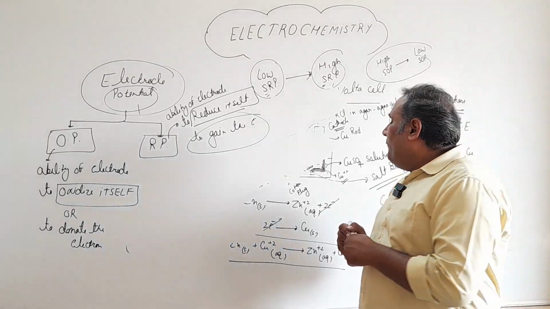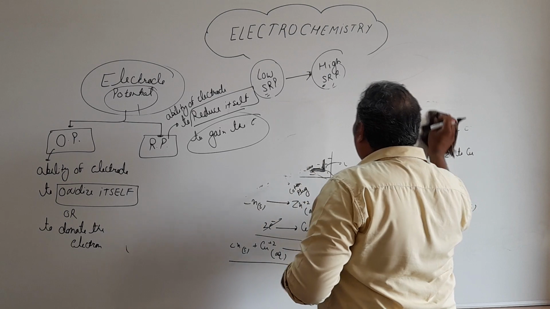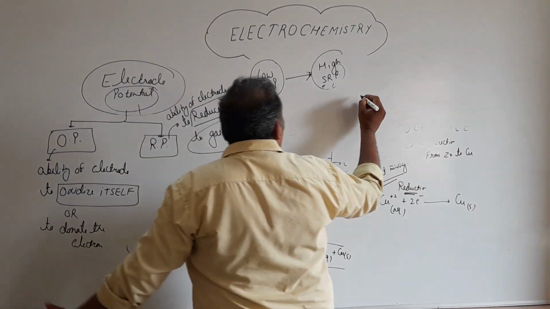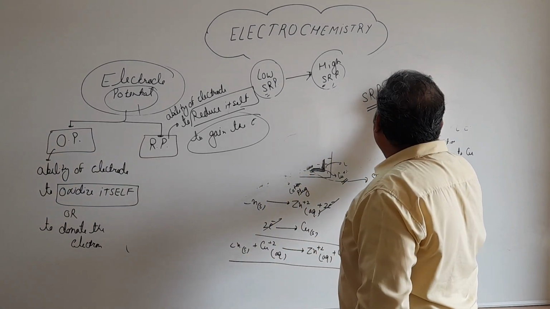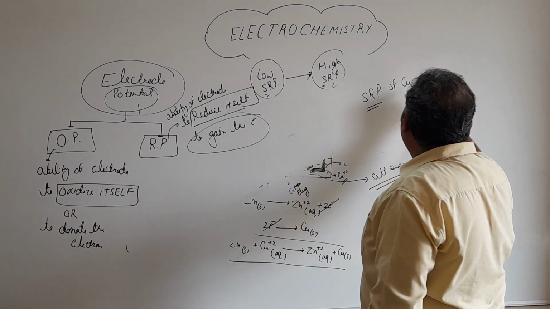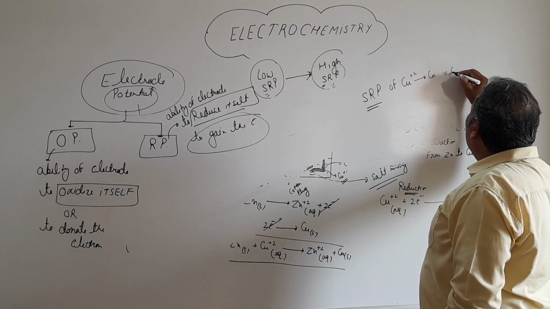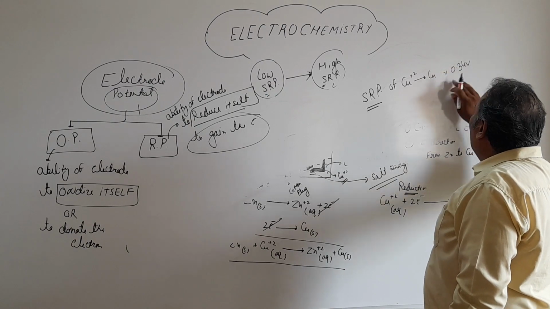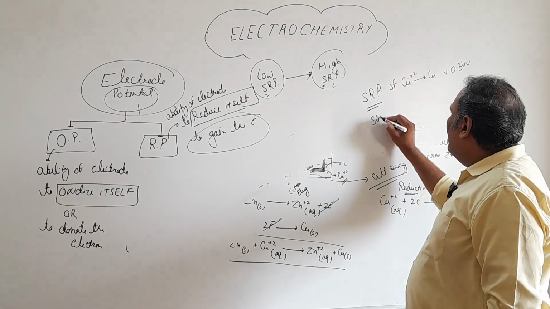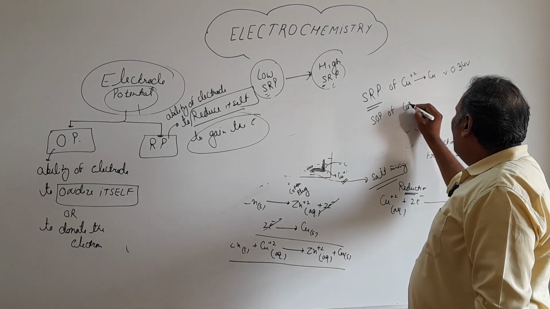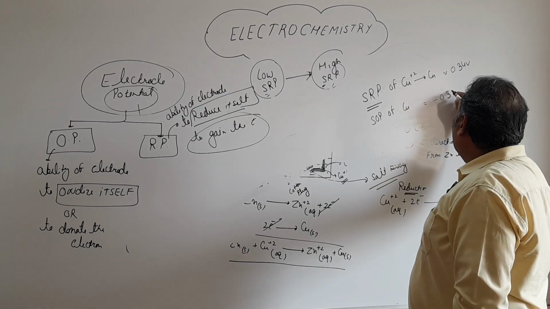For example, the SRP, standard reduction potential, of copper, Cu2+ getting converted into Cu, is positive 0.34 volt. So we can say the SOP of copper will be minus 0.34 volt.